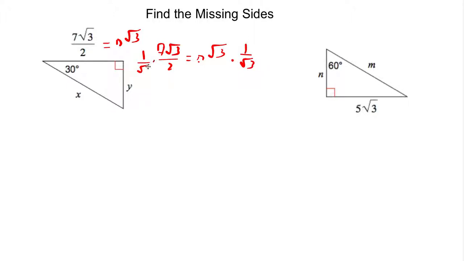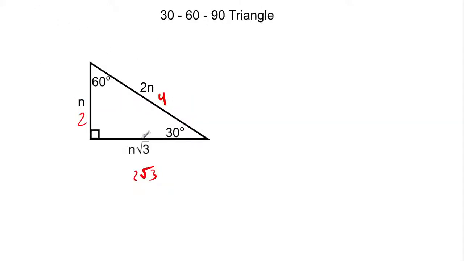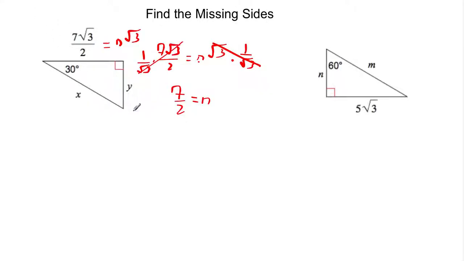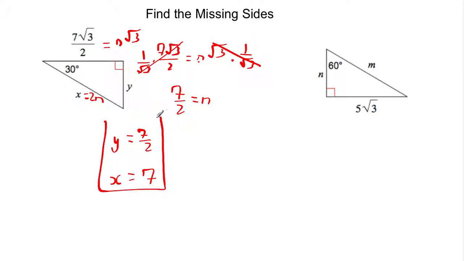So now these roots cancel out, so I get 7 over 2 is equal to n. Well, n is the short side, so that means here y is equal to 7 over 2, and x is equal to 2 times n, so that means that x is going to be 7. Again, using that algebra to help us solve.